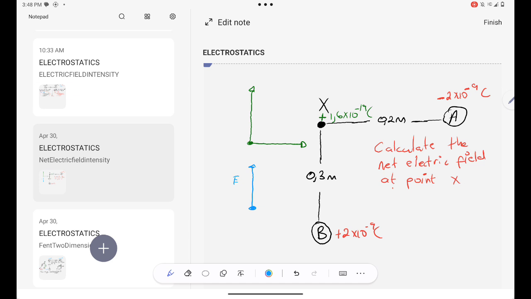So if charge B pushes point X upwards, it simply means that the electric field experienced by X due to charge B will be upwards as well. And then we draw the force between X and A. Since the force between X and A is towards the right, it simply means that the electric field as well is towards the right.